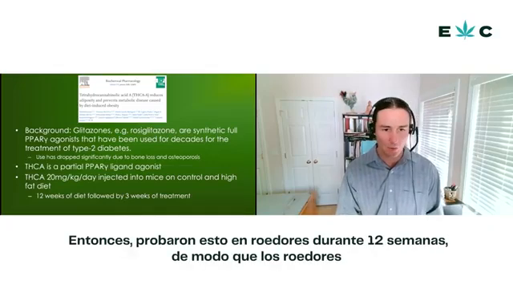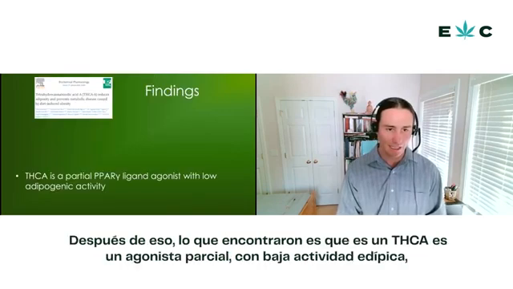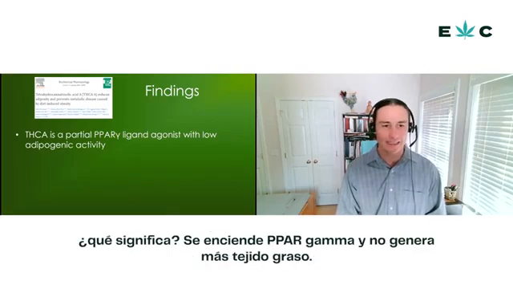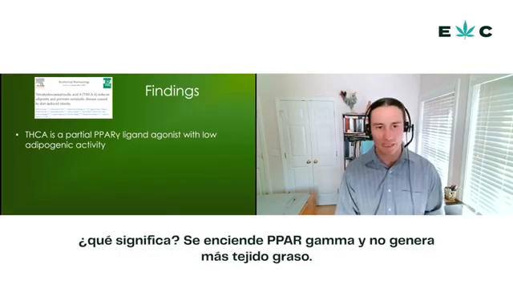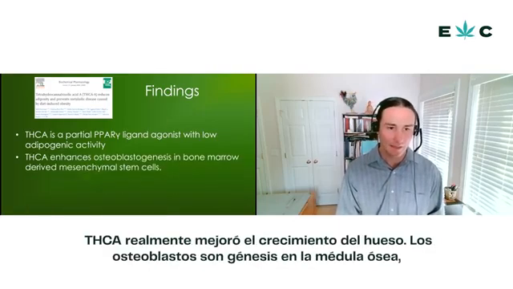So they tested this in rodents over 12 weeks. So the rodents eat the high-fat diet for 12 weeks, and then they receive the THCA for 3 weeks after that. What they found is that THCA is a partial agonist with low adipogenic activity, which means it turns on PPAR gamma. It does not create more fatty tissue.